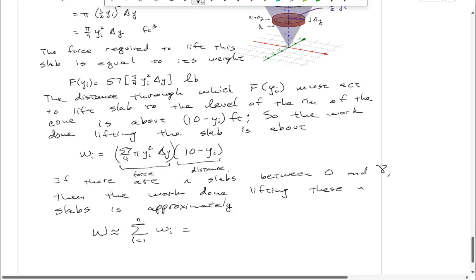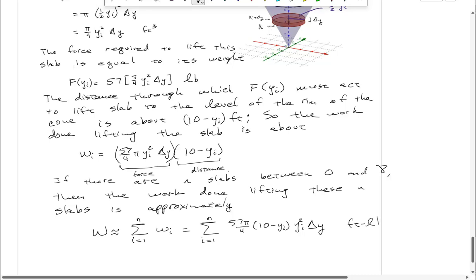And of course, we have that expression from above. We're going to sum I equals 1 to n of 57 pi over 4 times, I'm going to change the order here just a little bit. I'm going to put 10 minus y sub I there and put the y sub I squared with the delta y in back.